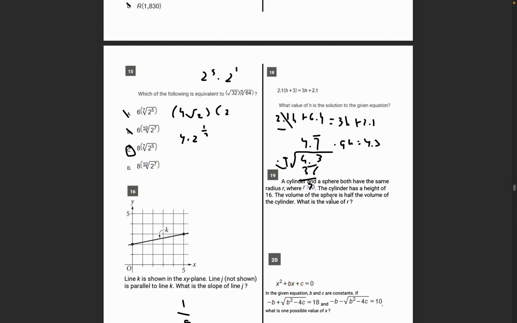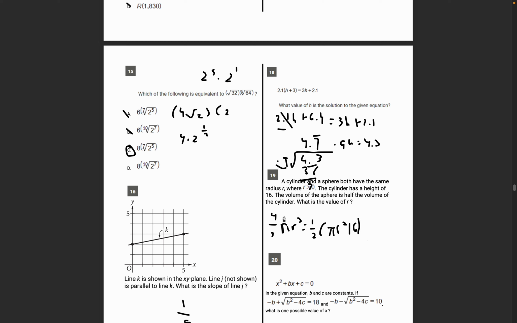A cylinder or sphere will have the same radius, blah blah blah. Cylinder has a higher volume, so what's the volume of a sphere? Volume of a sphere is 4/3 pi r cubed equals 2 pi r squared. Oh, 1/2 the volume of pi r squared times 16 because the height is 16.